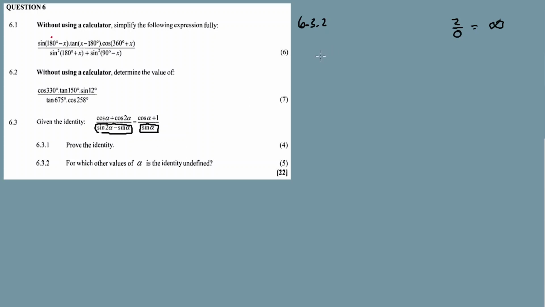It will be undefined if sine 2 alpha minus sine alpha is equal to 0, or sine alpha is equal to 0.